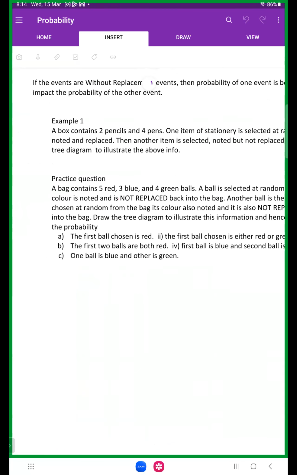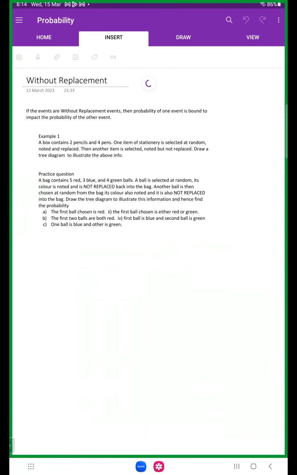Start copying the part without replacement just till example 1.